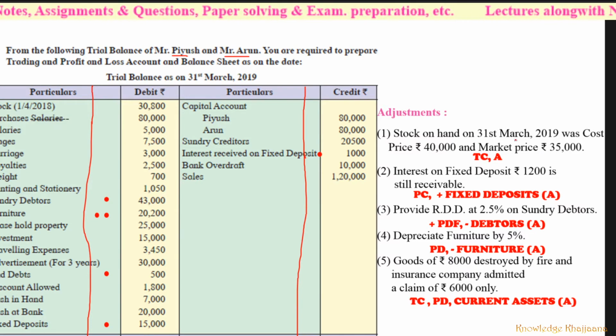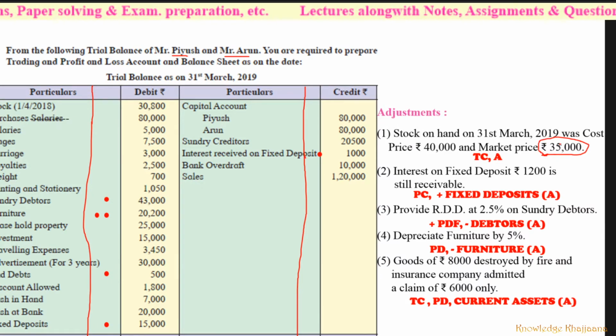Stock on hand on 31st March 2019 was cost rupees 40,000 and market price was rupees 35,000. See, this is opposite to the earlier example. Here, market price is lower, but we don't have to deal with whatever price. We have to just deal with whichever is the lowest price, and the lowest price is rupees 35,000.